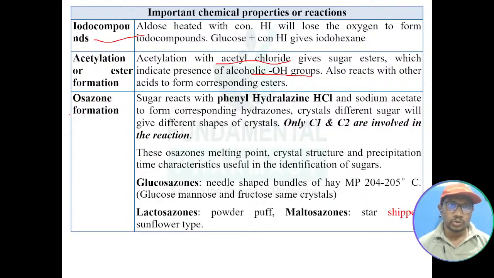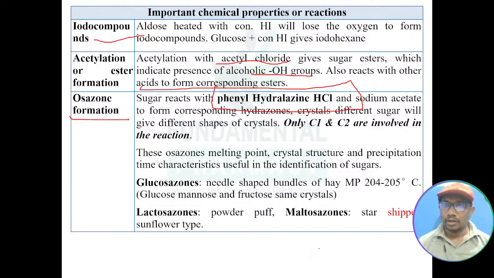We have seen the osazone formation. So what is the reagent of osazone? A question on that has already come. The reagent in the osazone test is nothing but phenylhydrazine. Remember, phenylhydrazine is the reagent of osazone formation.